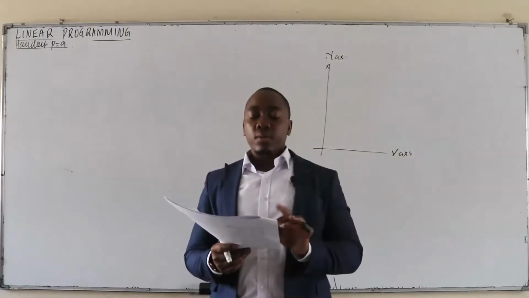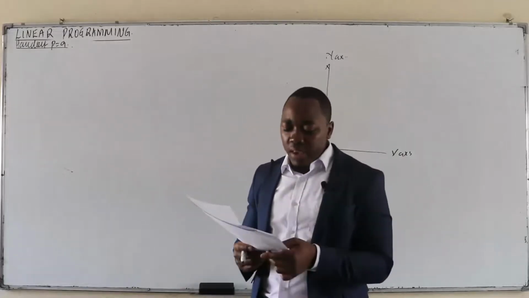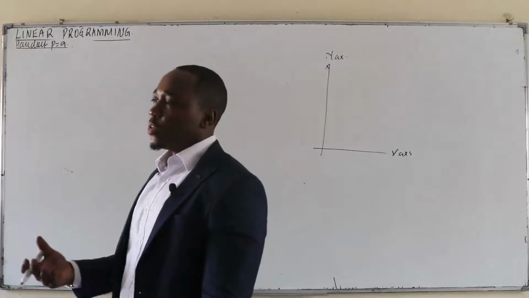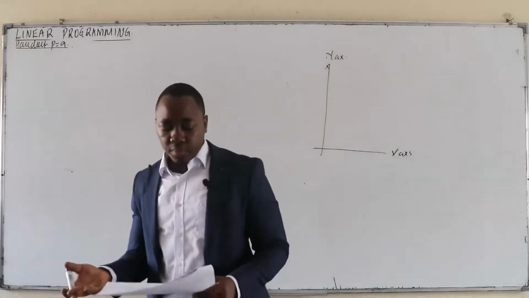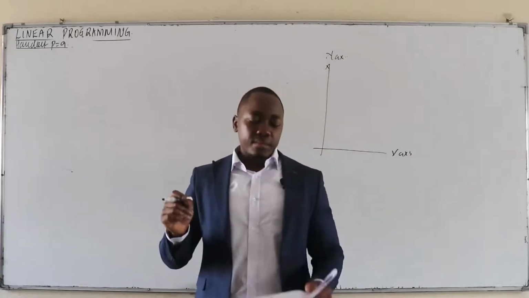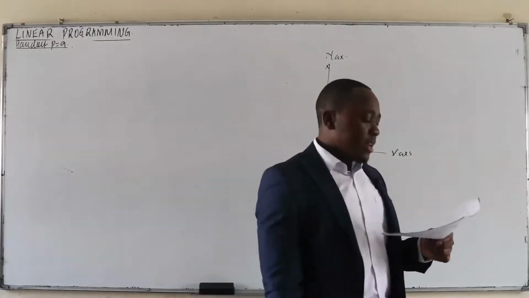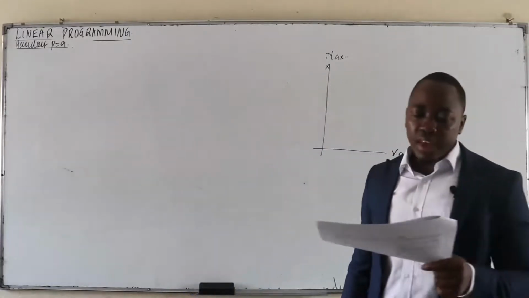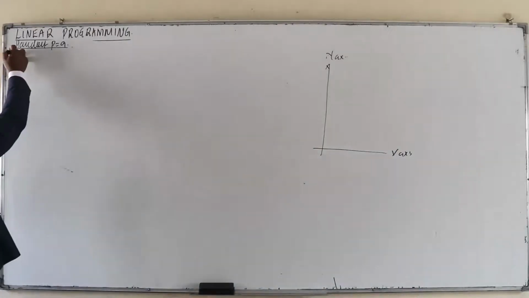For labor hours, we have a maximum of 400, so it's another limiting factor. Then you are given contribution per unit. Contribution is the same as the profit, or the selling price minus variable cost. So if you're given the profit, that means our objective is profit maximization. Required: formulate the linear programming model to solve the above problem. Formulation. How do we formulate? So here I need maximum attention.